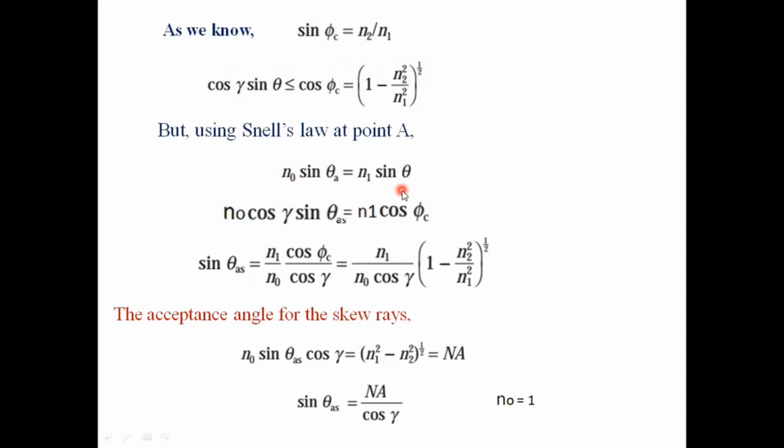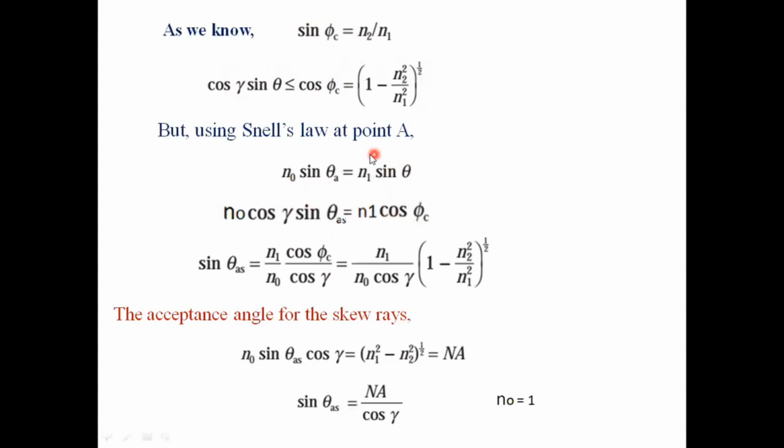As per the concept, even for skew rays we can write the expression. Now take that Snell's law, the skew rays equation, and substitute it in the meridional rays law. Therefore, n0 instead of sin theta, we can bring in cos gamma sin theta, which is equal to n1, and instead of sin theta, we can substitute cos phi c.